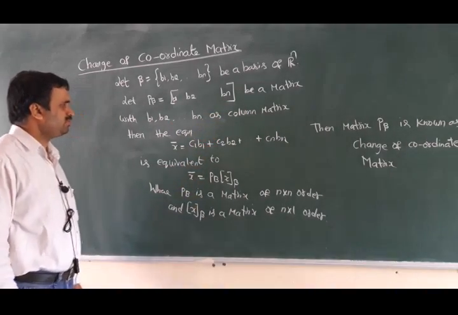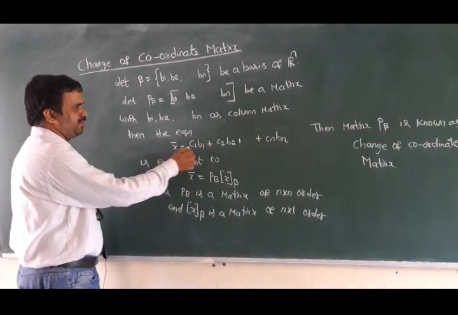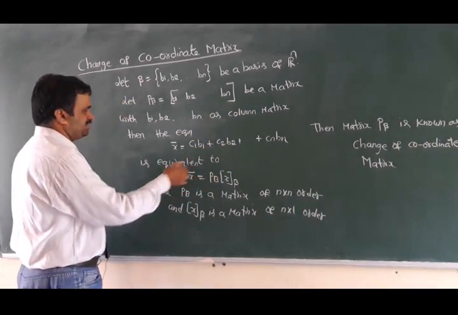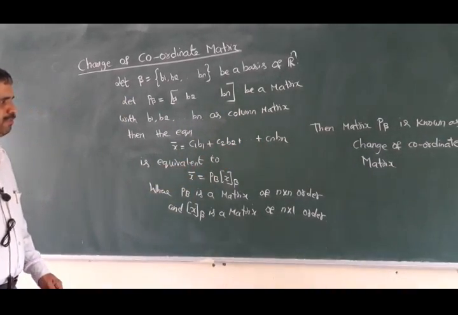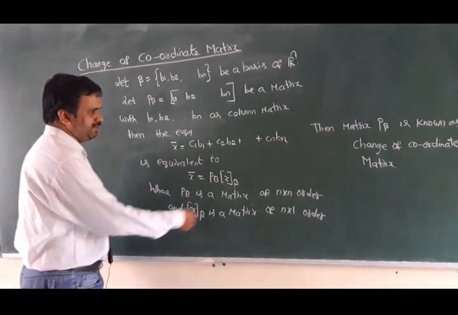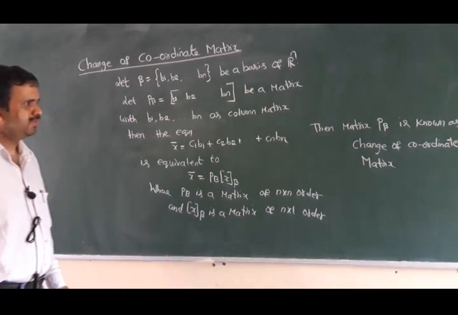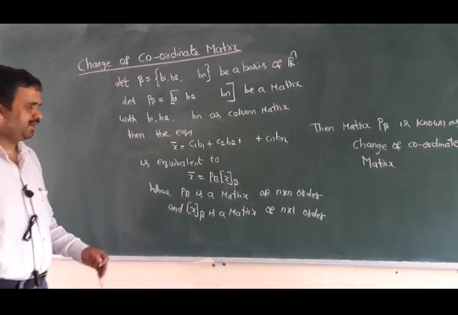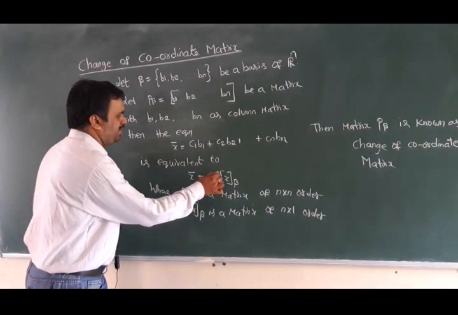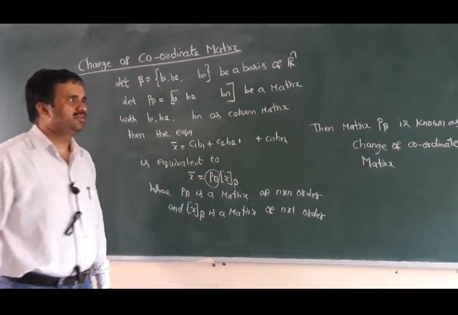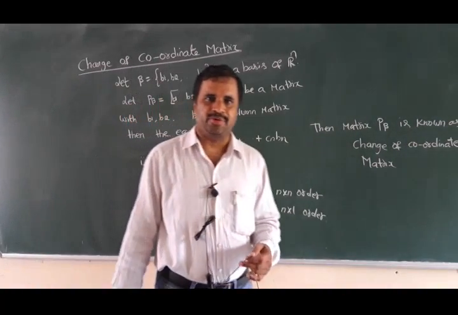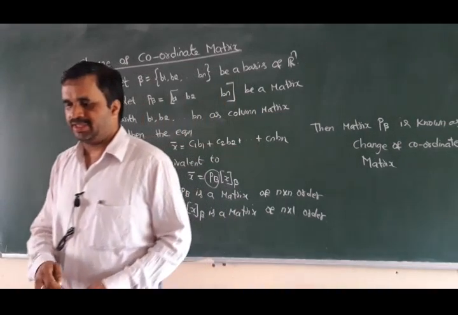We have the equation x bar equal to c1 b1 plus c2 b2 plus so on cn bn, which is equivalent to x bar is equal to P_beta [x]_beta. Here P_beta is a matrix of order n by n and [x]_beta is a matrix of order n by 1. This matrix P_beta is known as the change of coordinate matrix. Based on this we do one problem also.